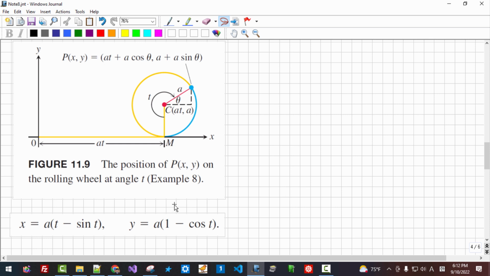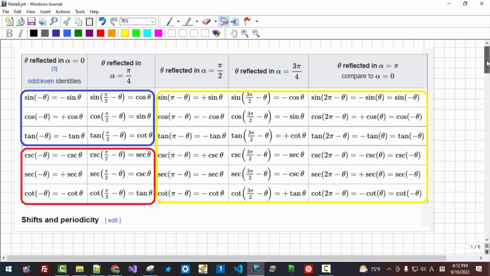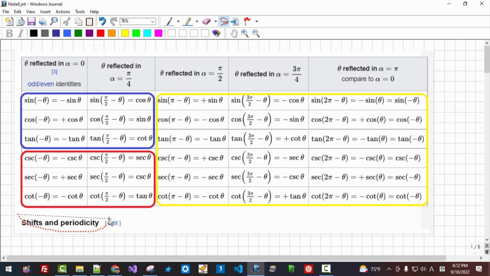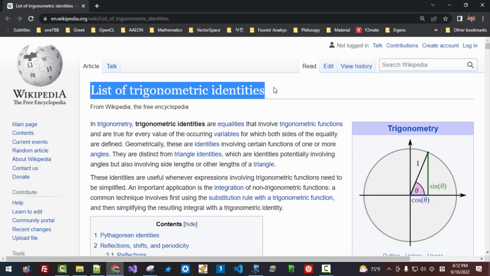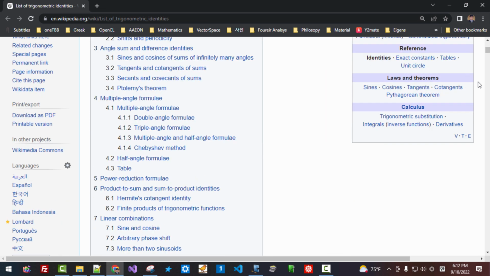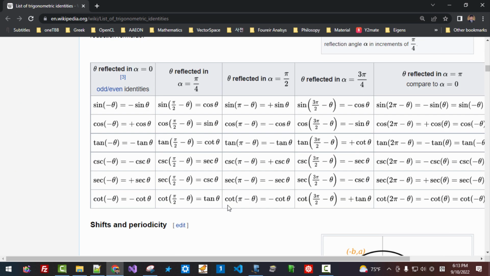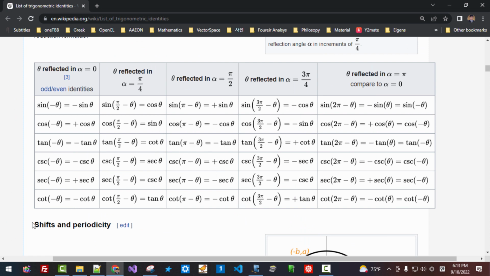Before we derive parametric equations for the cycloid, we will learn shapes and periodicity of trigonometric functions. I got this table from Wikipedia, list of trigonometric identities. If you scroll down, you can find this table, shapes and periodicity of trigonometric functions.